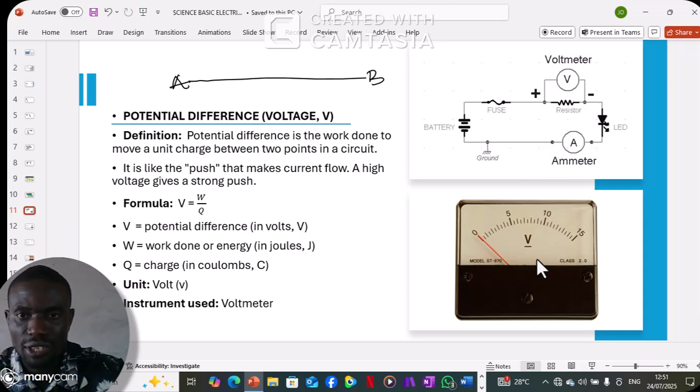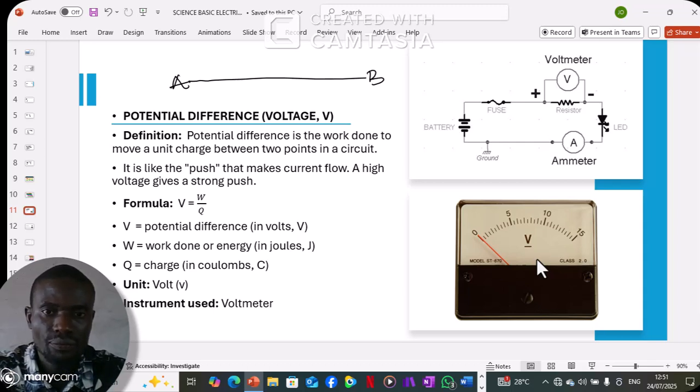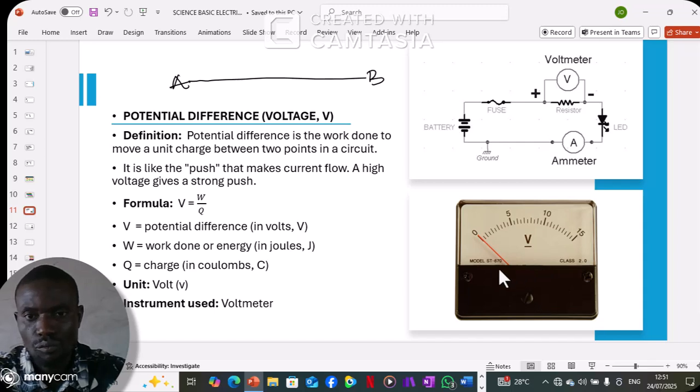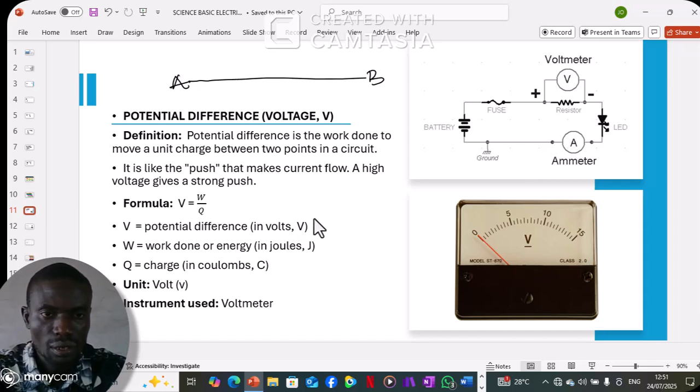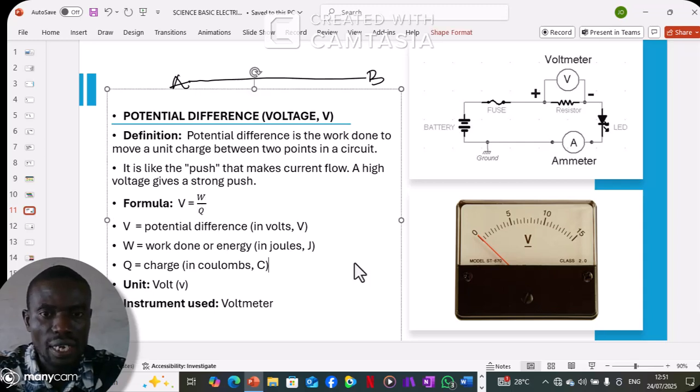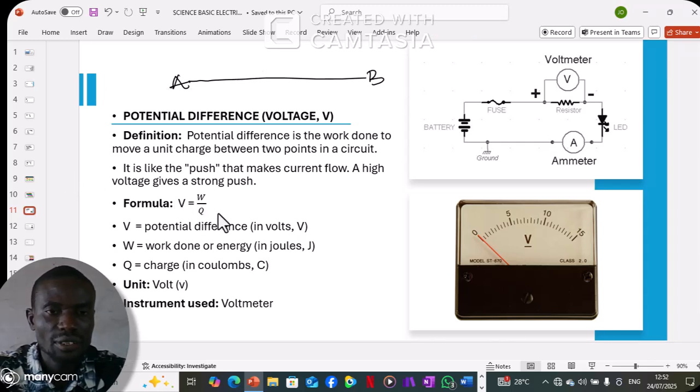So for voltage, we use a voltmeter to measure it. The more the voltage, the more the current. The formula is V equals W over Q. The W you are seeing here is work, so it is work per unit charge.